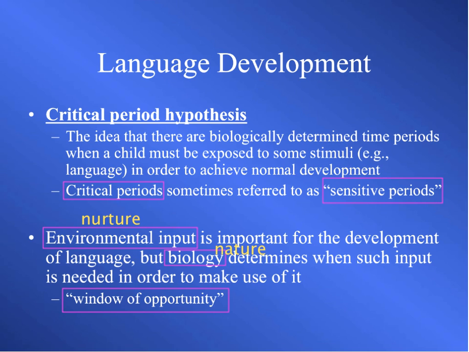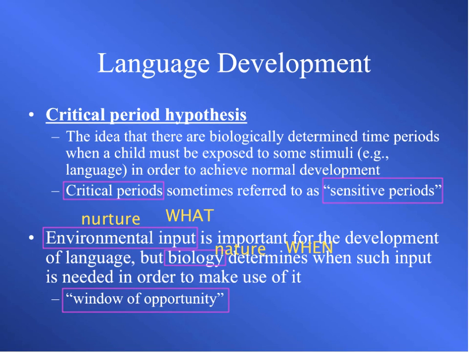So the way I think about this is that this critical period hypothesis says basically the environment or nurture determines what the input is, but biology determines when that input is going to be maximally helpful for the development of whatever the skill might be. And in this case, the skill is language acquisition.